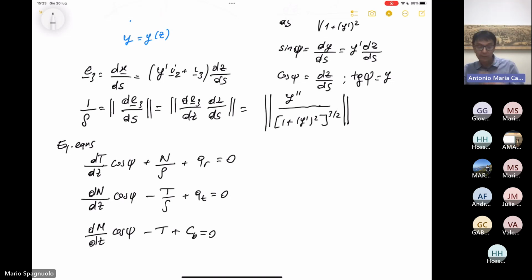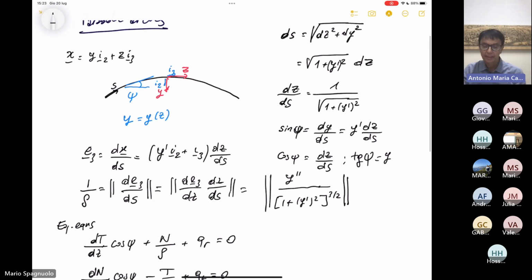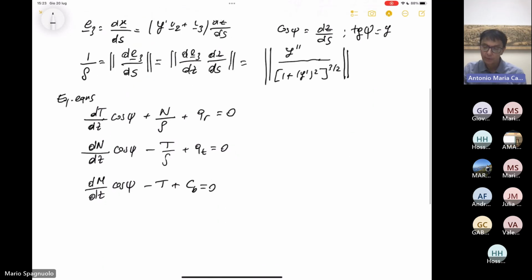Regarding QR and QT, since we are using these coordinates Y and Z, it's more convenient to relate QR and QT to horizontal and vertical distributions of load, and we will assume so.